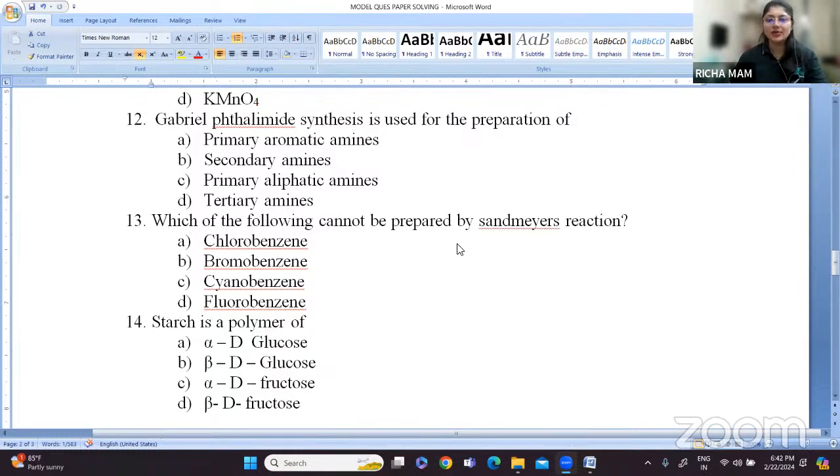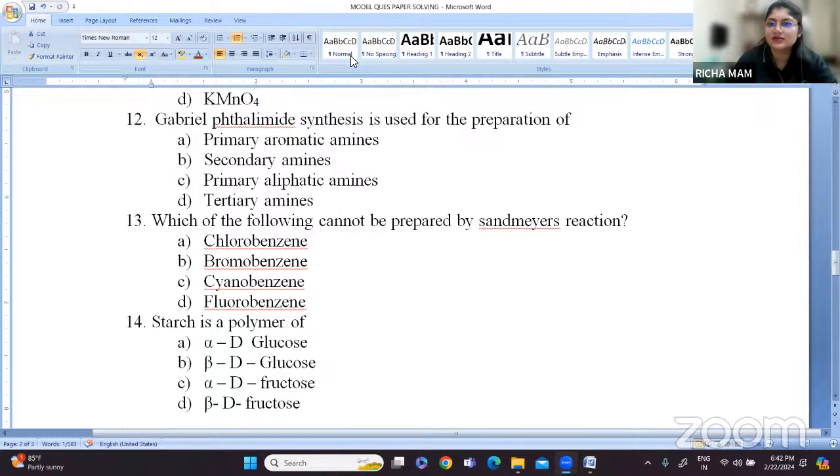Which of the following cannot be prepared by Sandmeyer's reaction?